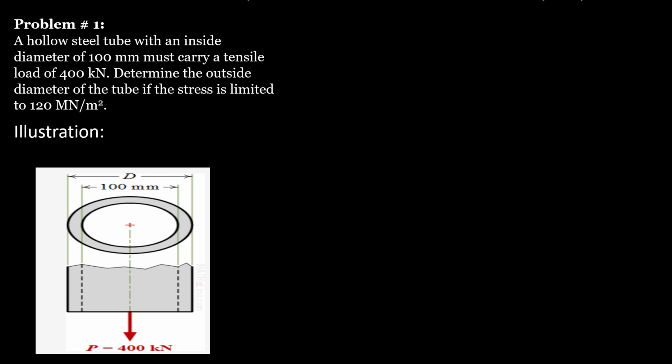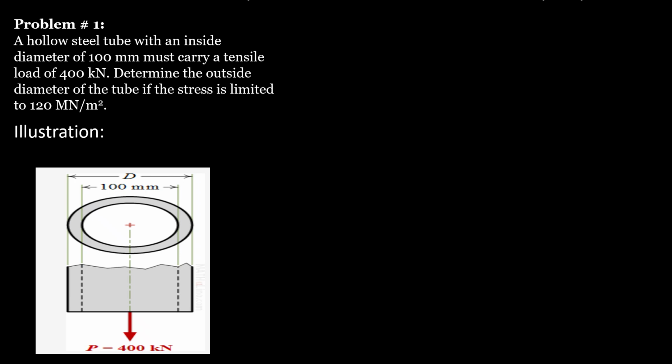We need to determine the outer diameter of the tube if the stress is limited to 120 meganewton per square meter. Now, how do we solve the problem? Actually, this problem is under the category of normal stress. Let us now start solving the problem.